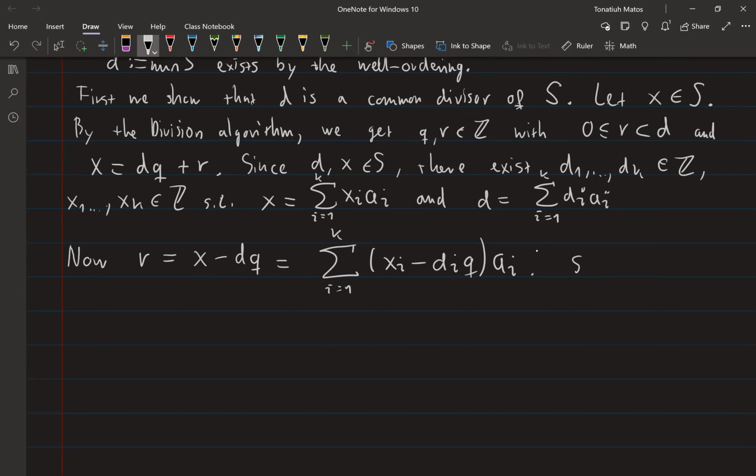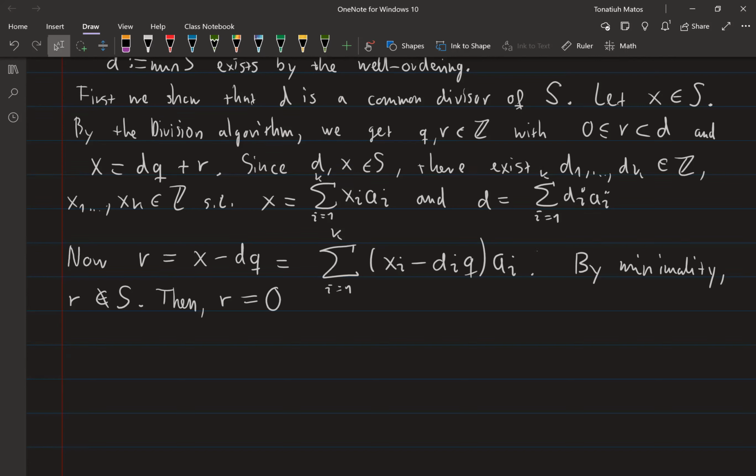So since by minimality, meaning the fact that D is the smallest element, R is for sure not in S. But that means, according to the sentence above the one I'm writing in, that it has to be zero because it is a linear combination. So if it were positive, it would be a positive linear combination, thus an element of S, right? So this means that this is zero.